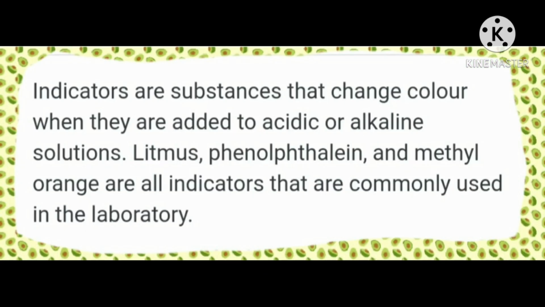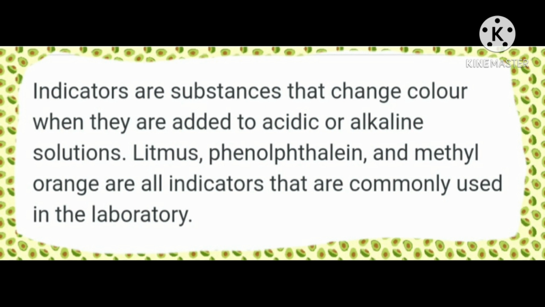An indicator is a dye that changes color when it is put into an acid or a base. That is, an indicator gives different colors in acid and base. It tells us whether the substance is an acid or a base.